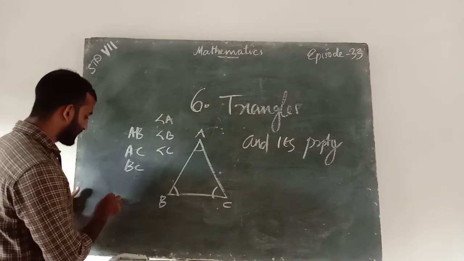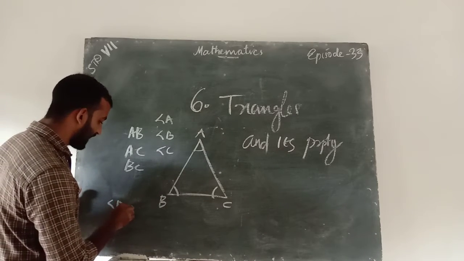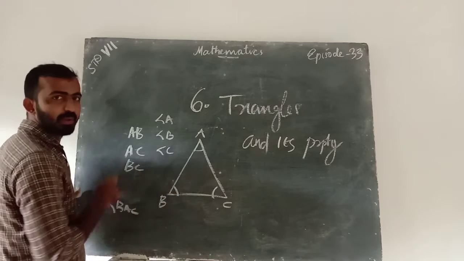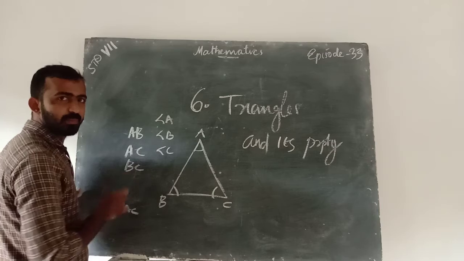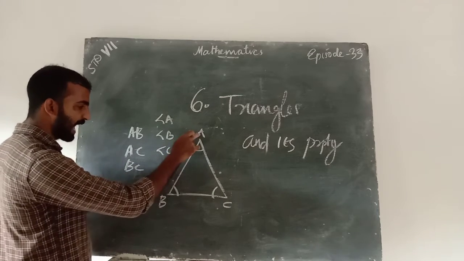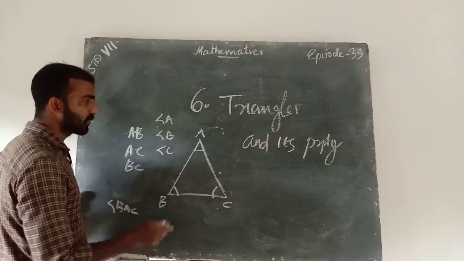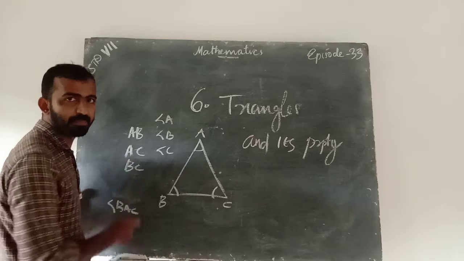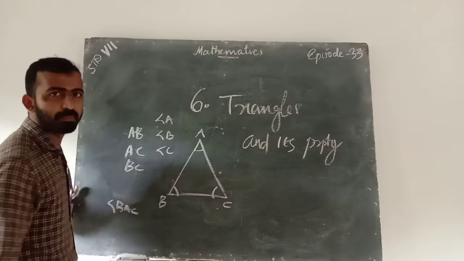Or otherwise we can say angle BAC. The center letter is the angle we are specifying the position of. That is BAC, or otherwise you can say CAB. That means angle A.